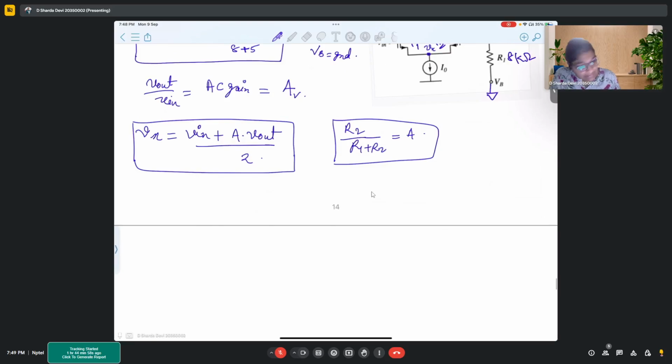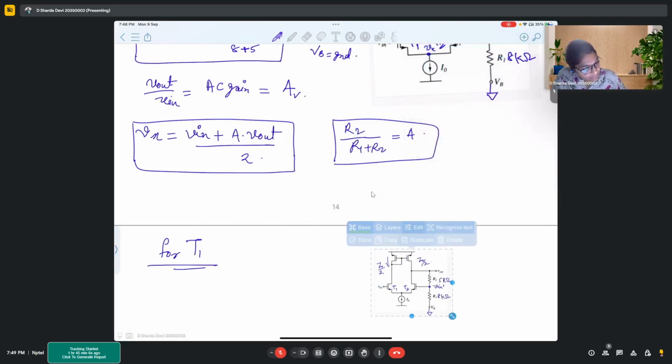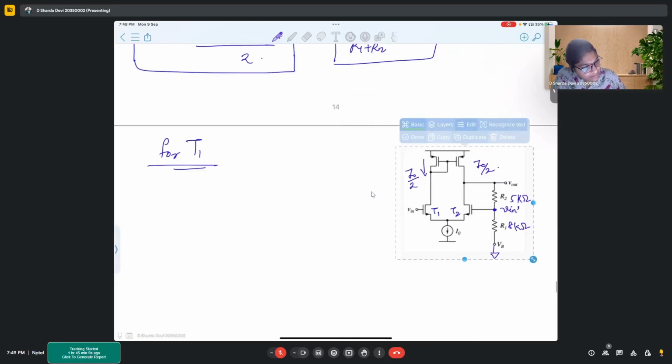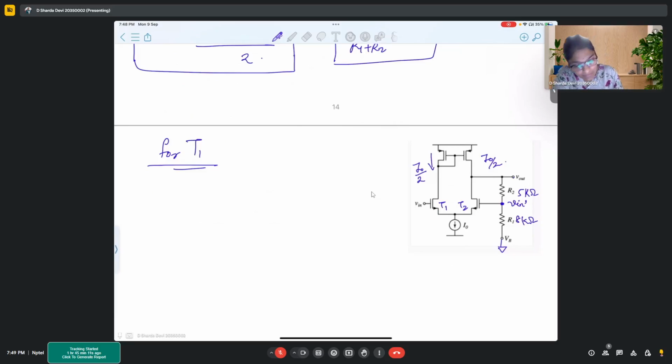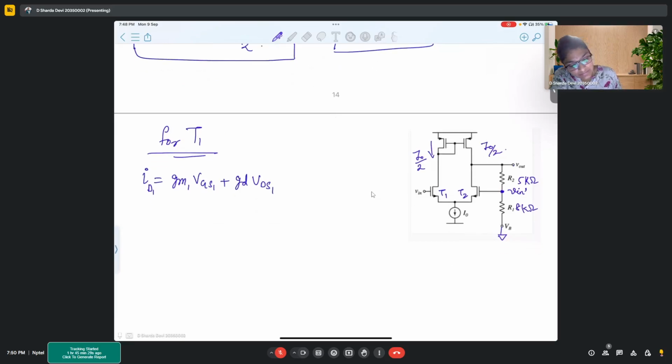Now for this particular transistor T1, if I calculate the small current ID1, it will be gm1 VGS1 plus gd VDS1. So the small current in the transistor, or AC current, can be simply written as gm VGS plus gd VDS.